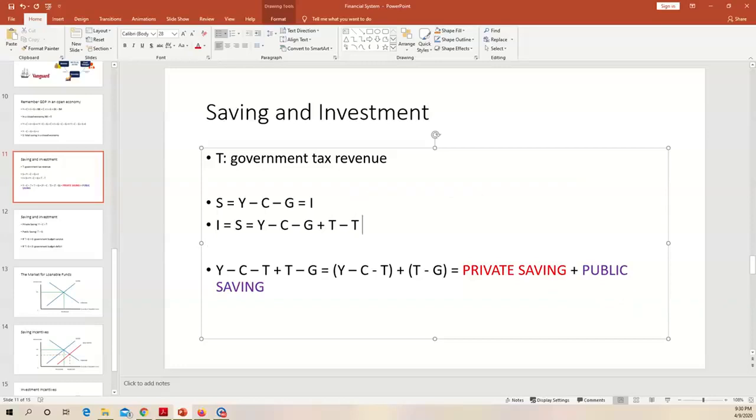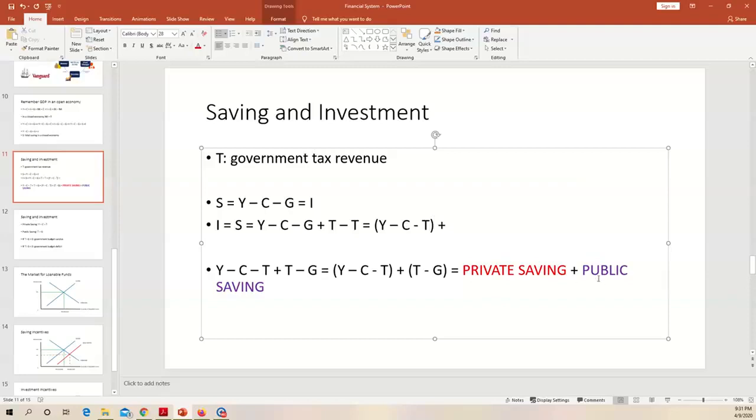But from here, what I'm going to do is group things together. So GDP Y minus consumption, your salary minus how much money you spend on food, entertainment, right? Also minus tax. You pay tax, right? This part, and this part, I group them together. This one side, right? I use a pair of parentheses.